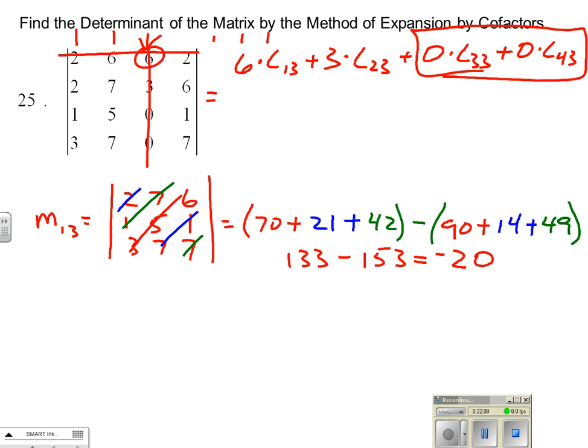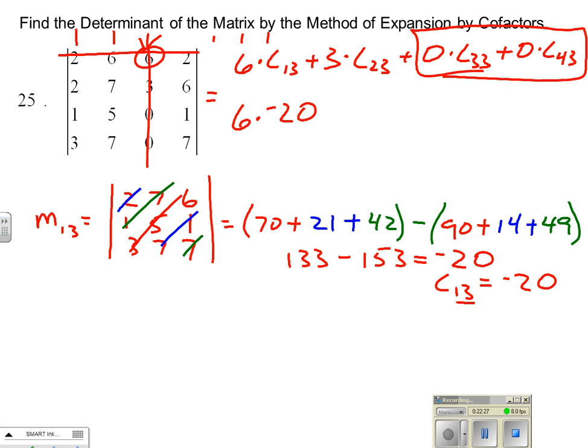So if minor 1,3 is negative 20, what is cofactor 1,3? Well, cofactor 1,3 is either negative 20 or 20, but these add up to an even, so it stays the same. So far I know that my determinant is 6 times negative 20.